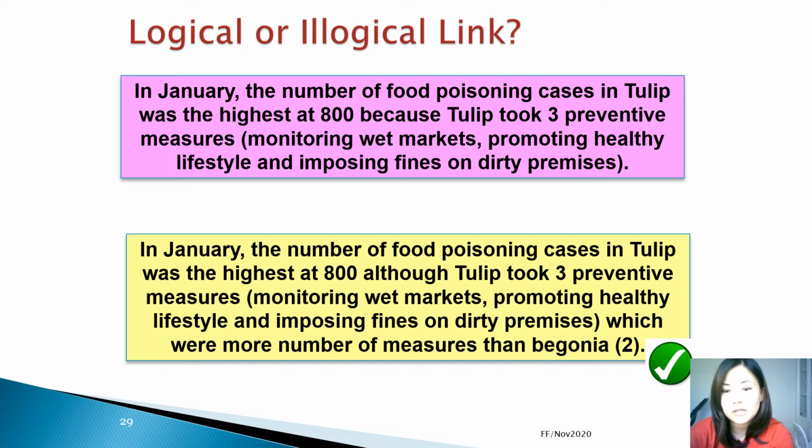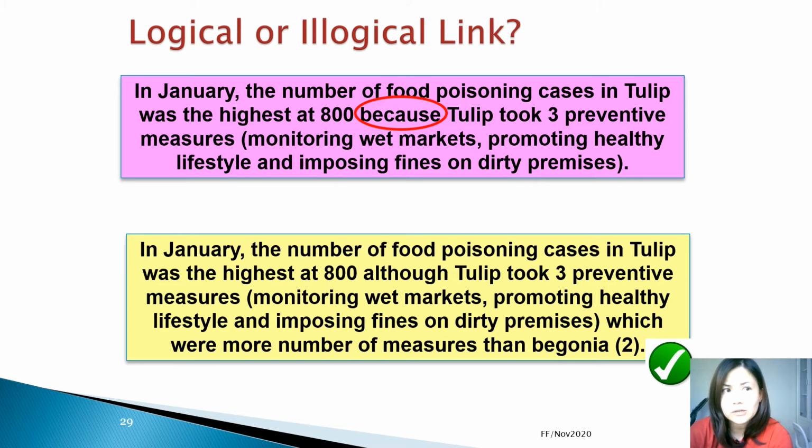Okay, as I have mentioned just now, when you have more preventative measures taken to prevent food poisoning, of course, you'll be expecting the number of food poisoning cases to decrease. But in this sample, the pink sample, the candidate used the word because.